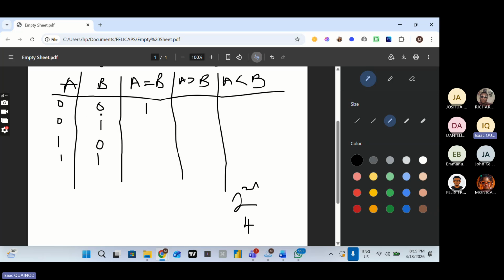At any comparison, a magnitude comparator can only represent a high for one symbol and all others will be 0. So for instance, if equality is high, then everything else will be zeros, okay? And then 0 and 1, is 0 equal to 1? Is 0 less than 1 or 0 is greater than 1?